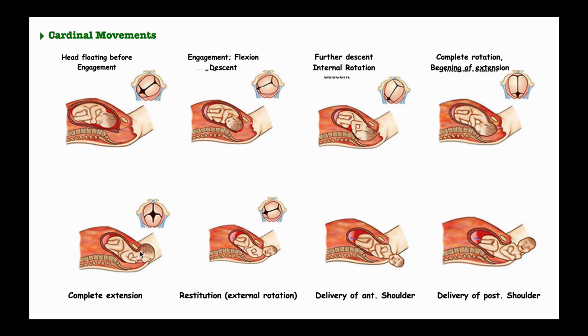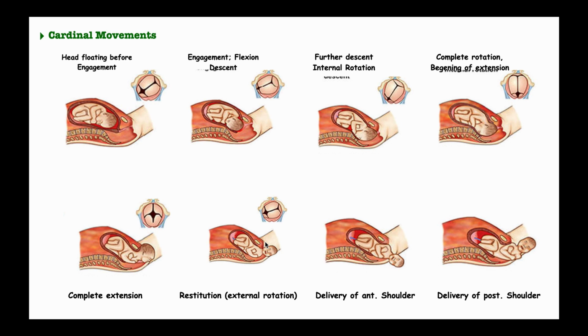Now, the upward resistance from the pelvic floor and the downward force from the uterine contractions causes the occiput to extend and rotate around the symphysis. And so this is usually followed by the delivery of the fetal head, as you can find over here. So as you can see, the fetal head has rotated again over here.